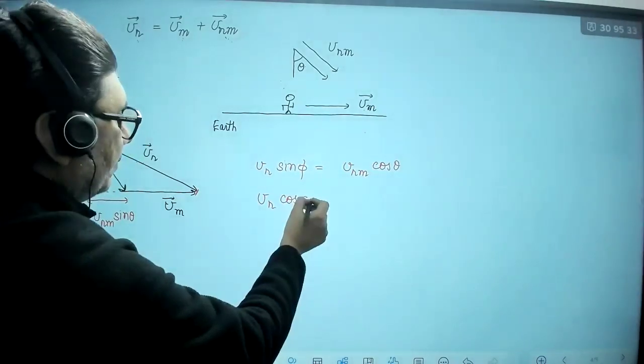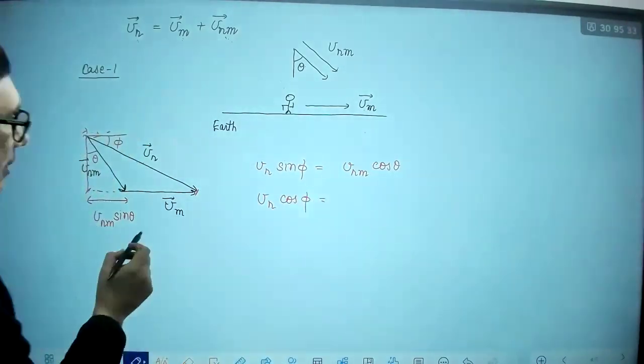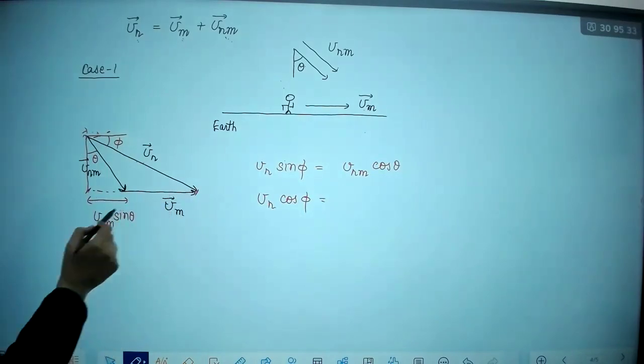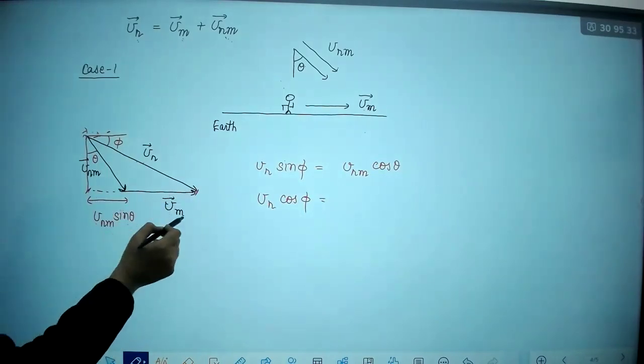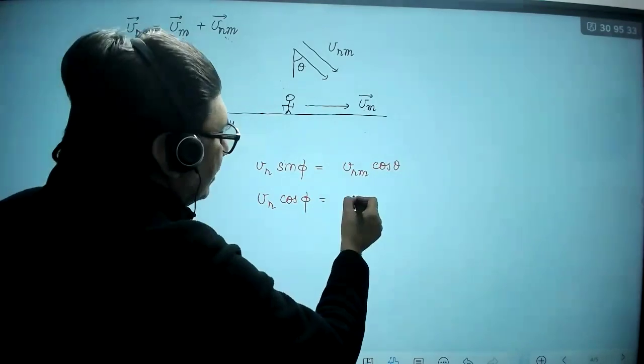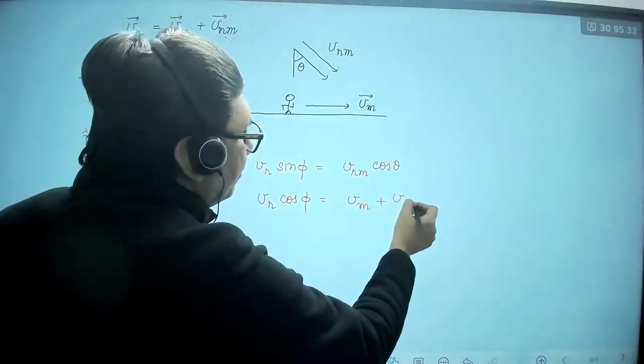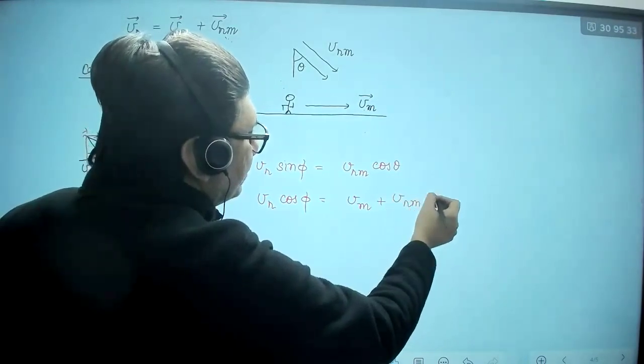This is phi, so VR cos phi will be from here to here. This will be VM plus VRM sin theta.